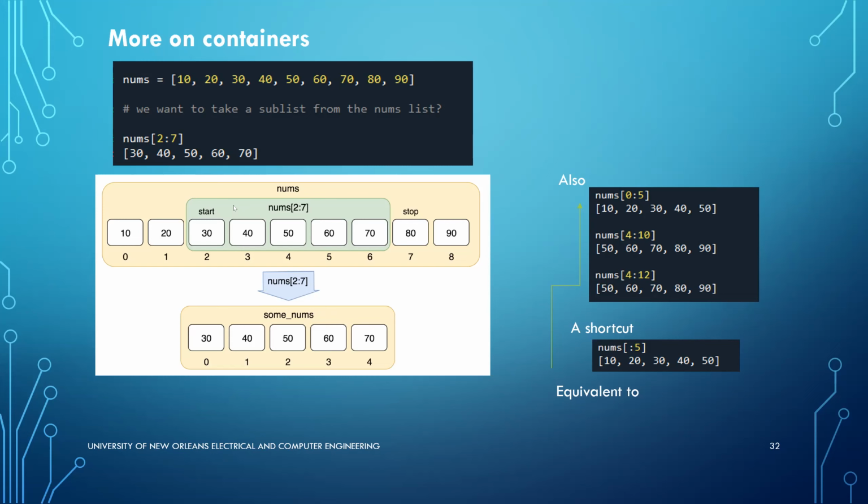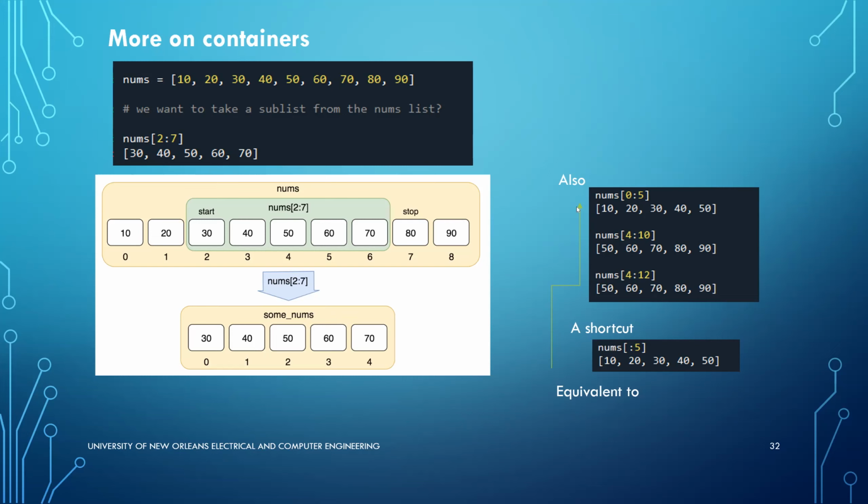It is extracting from nums, which goes from the numbers in decades 10 to 90, to another variable called sub nums by using this command. As you can see here, again, you start at index 2, and it says to stop at index 7, but the element in index 7 is not going to be included, but the one previous to that will be. And that's what you'll see here as a result of running that command.